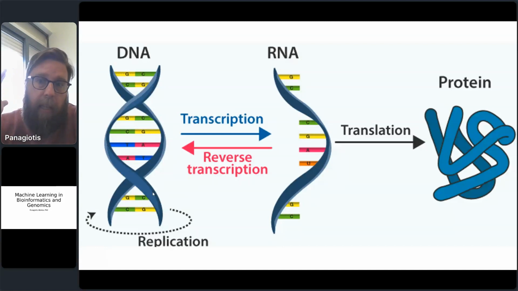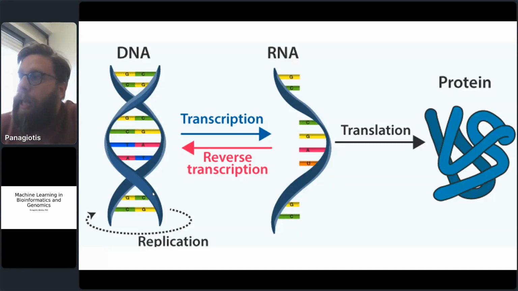Roughly speaking, and what we will focus on today, parts of the DNA that produce RNA are called genes. A gene is a part of the DNA that produces one RNA molecule. And generally speaking, one RNA molecule can produce one protein molecule.